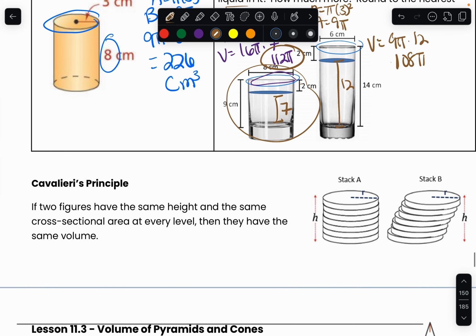Okay. Now let's go over a principle right here. If 2 figures have the same height and the same cross-sectional area at every level, then they have the same amount of volume.